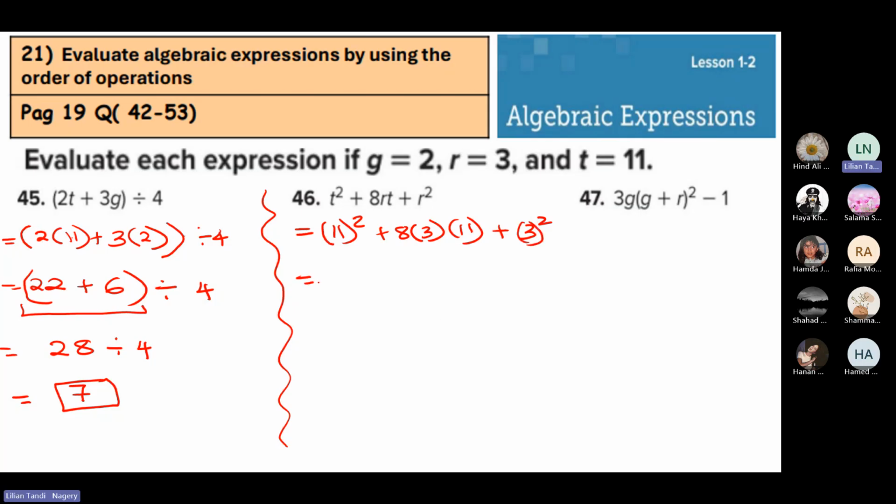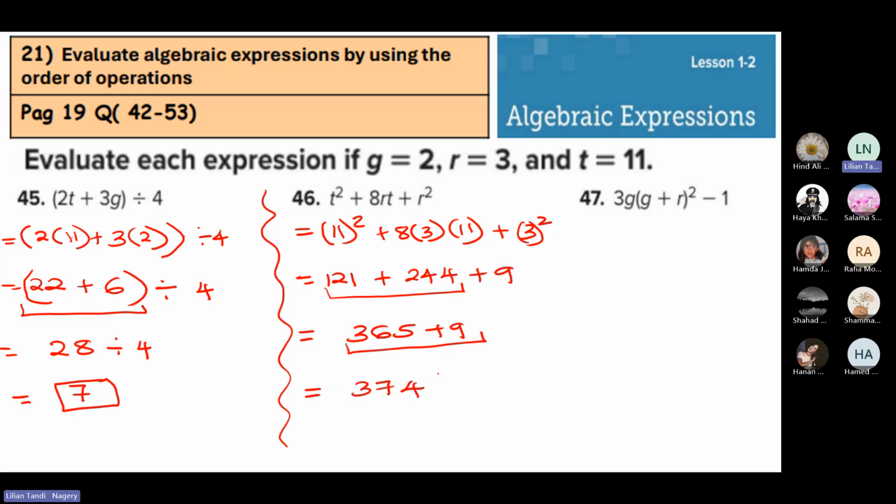Okay? 11 squared should give you 121, plus 88 times 3 should give you 264, plus 9. Then I did 121 plus 264. That gave me 385, plus 9. That gave me 394.